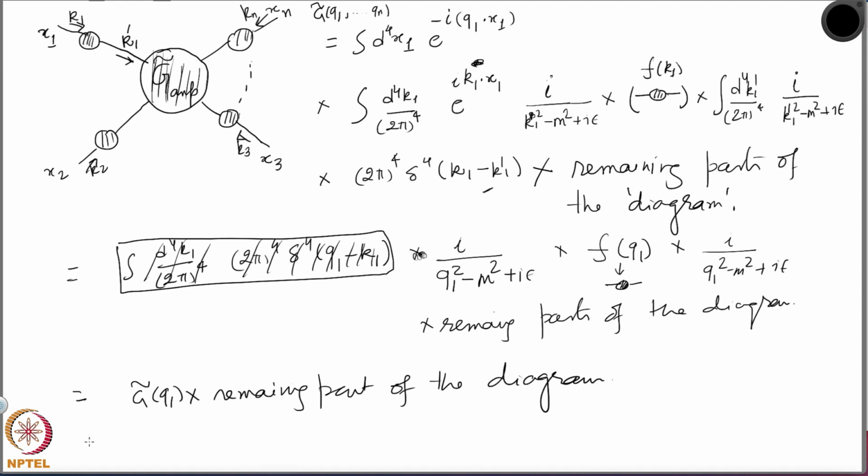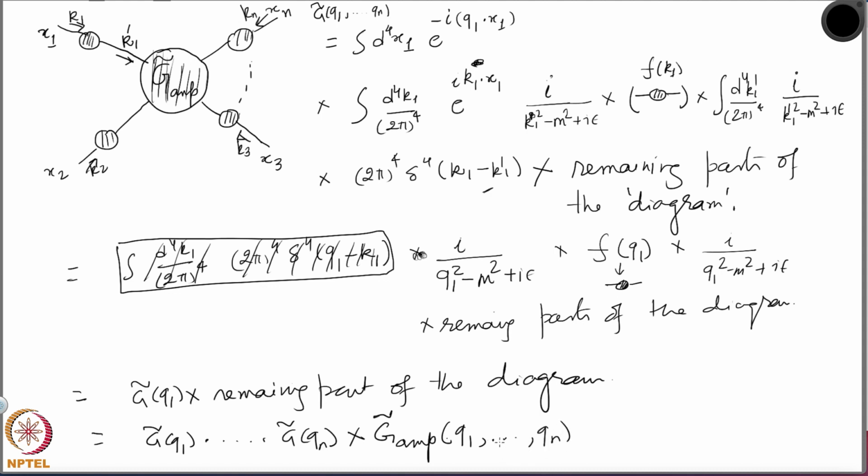And if you do the same on each of the legs, then you get g tilde of q1 times g tilde of q2 and so forth, up to g tilde of qn, times what? Times exactly what we call g tilde amputated, the amputated Green's function with all these momenta.